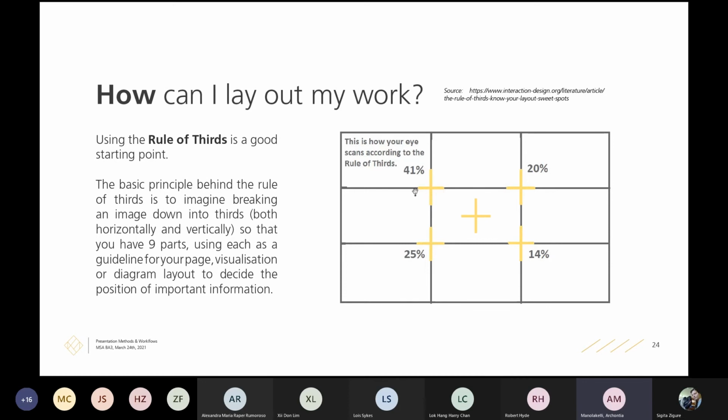So as you can see here, your eye usually starts from up here, goes down, and then across, and then down again. So you want to place information that is important in areas that are going to be seen. And basically, you can use the grid to start laying these things out in a way that helps that.